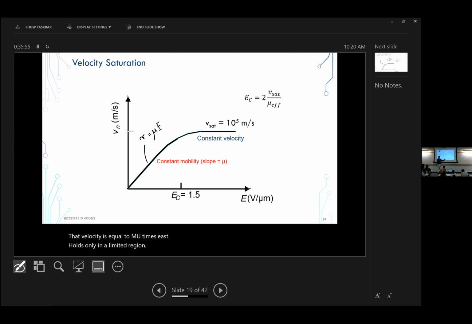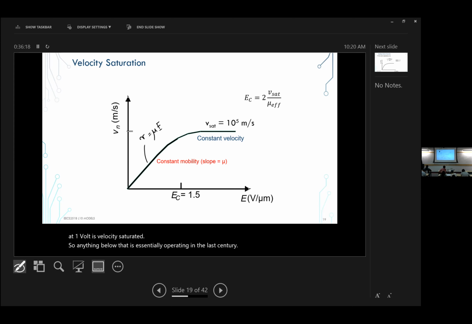Somewhere around 1 point something volts per micron of electric fields, the devices become saturated. What does that mean? Well, any device that is of about 1 micron channel length at 1 volt is velocity saturated. So anything below that is essentially operating in a velocity saturated region.